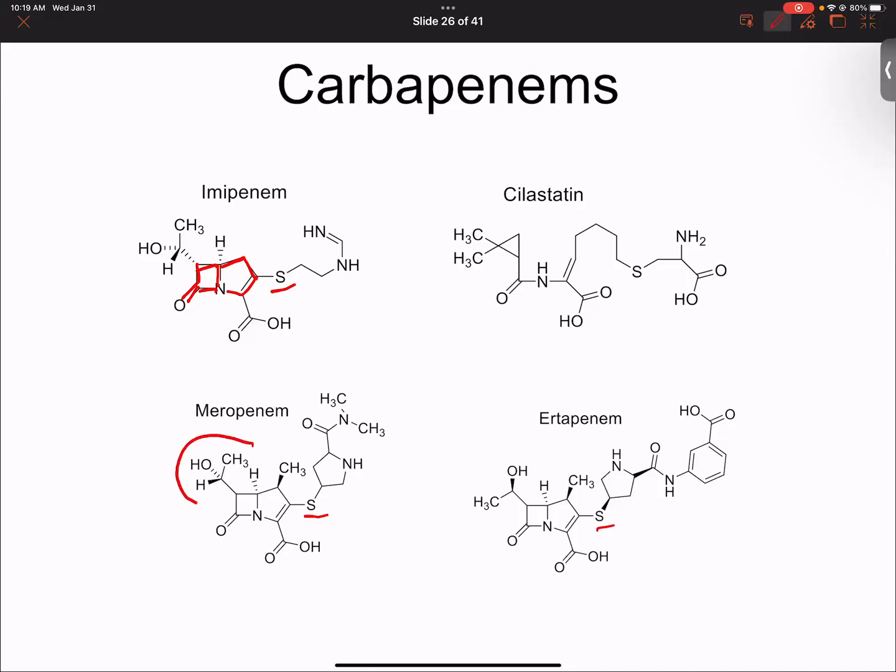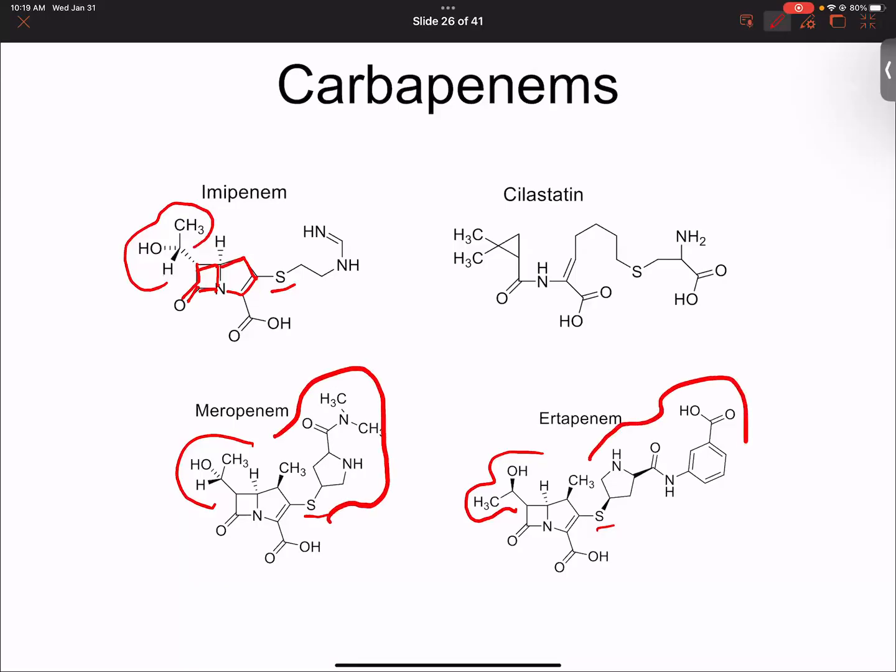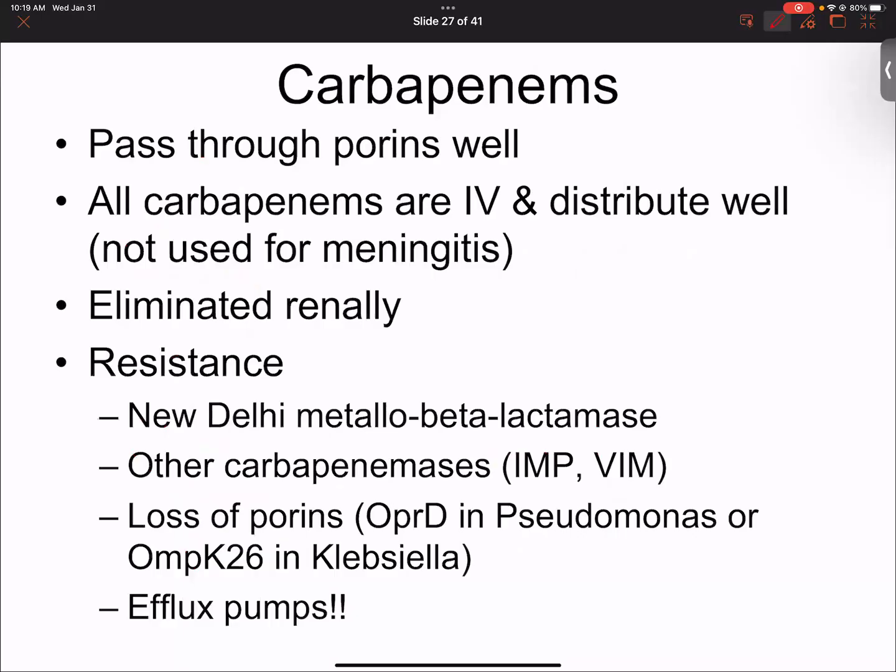The back end of these molecules all have a hydroxyethyl side chain, and the variability then exists coming off the 3 position, okay? And that hydroxyethyl side chain ends up being important, and I'll tell you why in a couple of minutes.